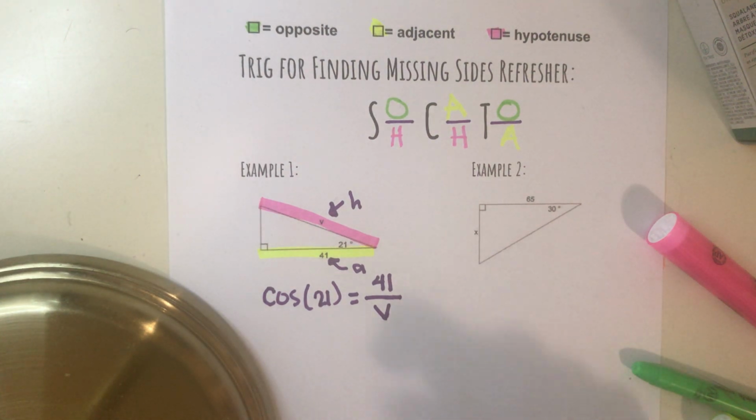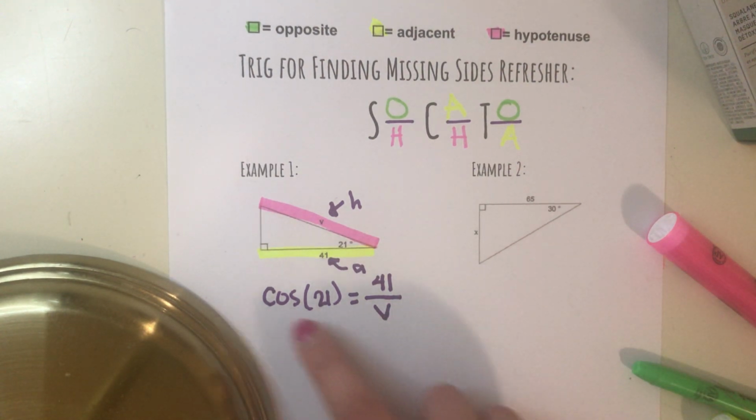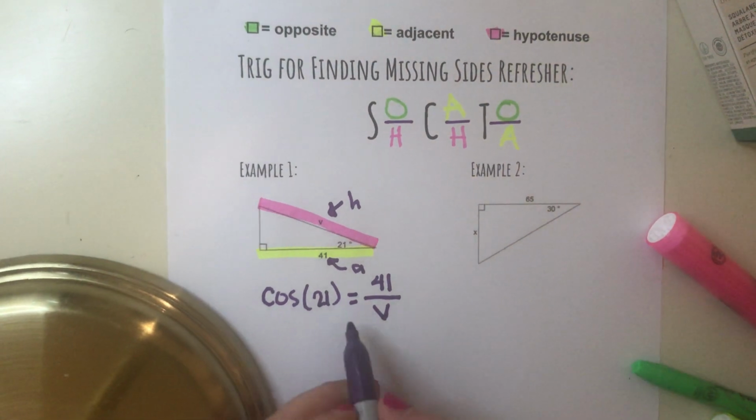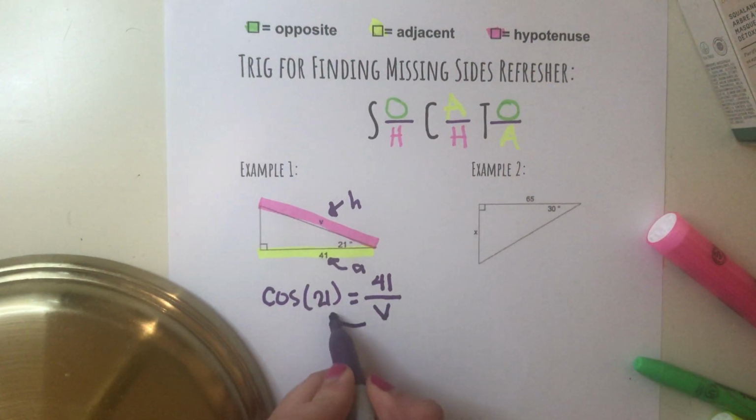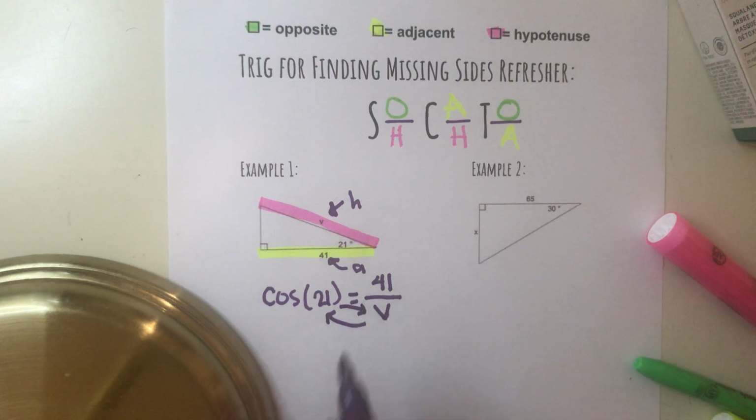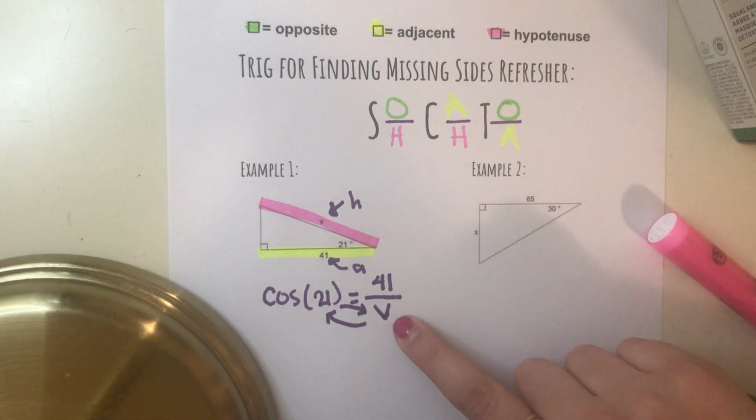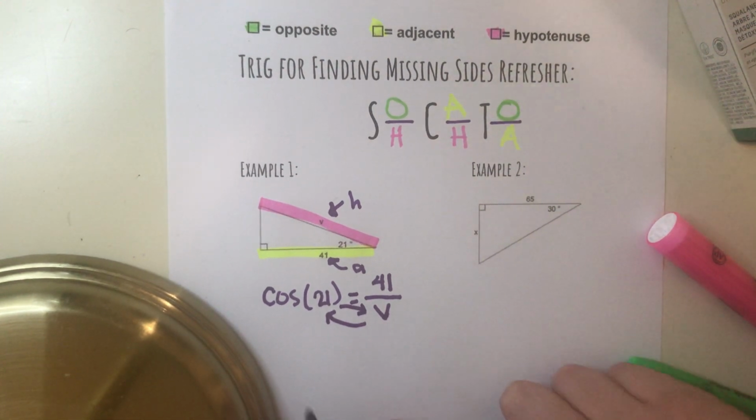Now, one little trick I like to do is when the letter is on the bottom of my ratio, I'm going to switch them. In class, I would always say switch or multiply, and you guys would all tell me switch, because when the letter is on the bottom, we switch.